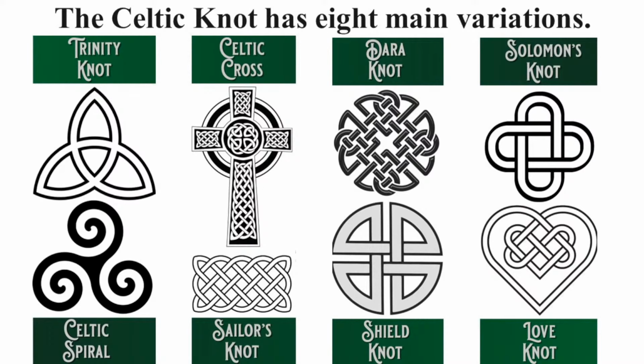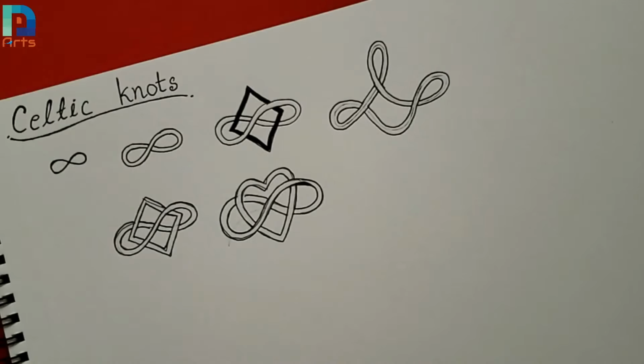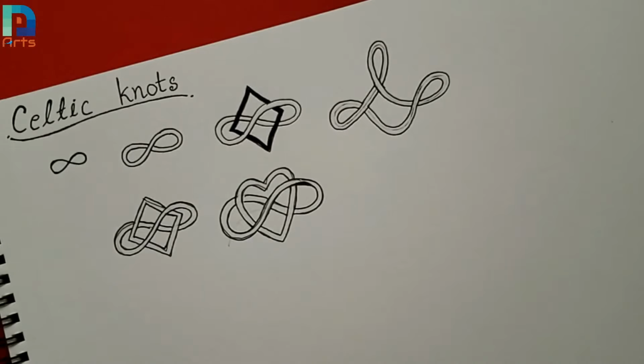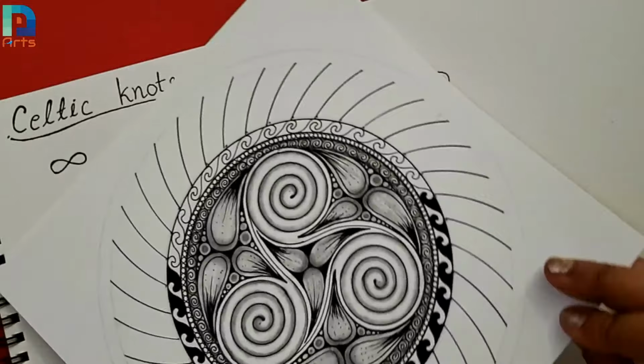If you see, mainly all these Celtic symbols have either 3 sides or 4 sides. If they have 3 sides, that's called the triquetras. If they have 4 sides, they are the quaternary symbols. So we already did the 3-sided Triskele symbol in our yesterday's session.